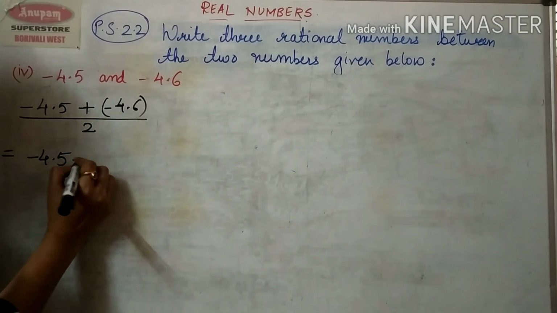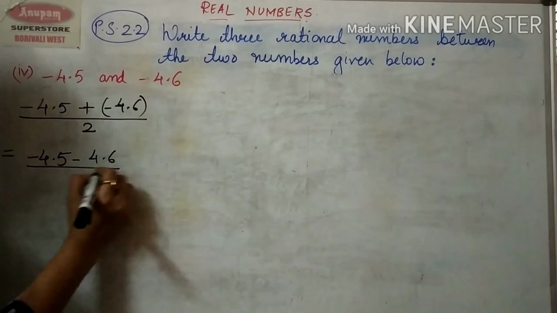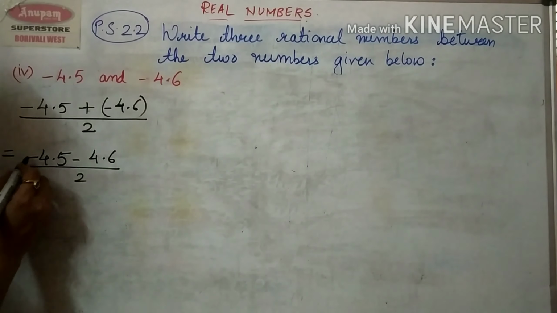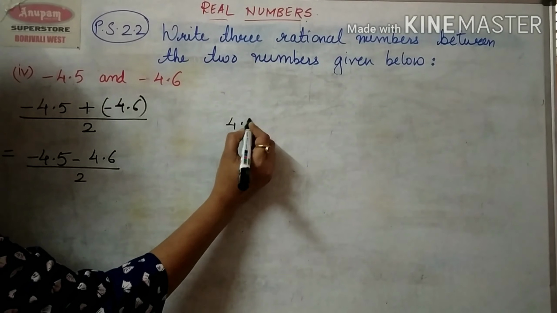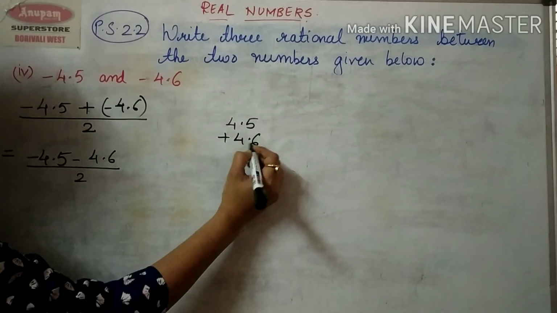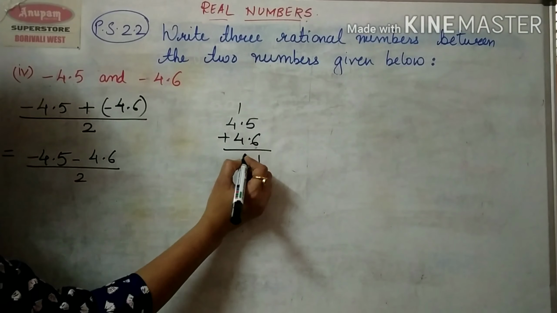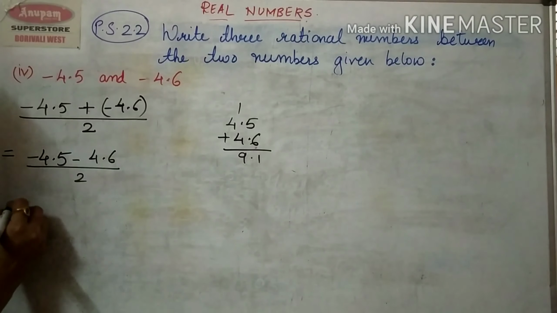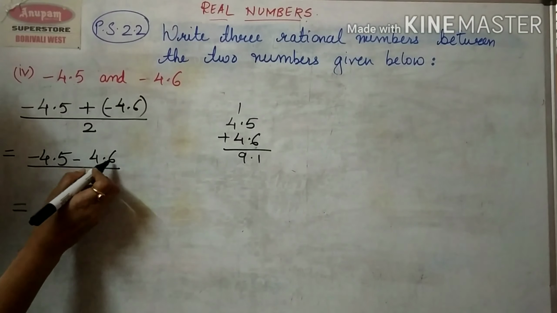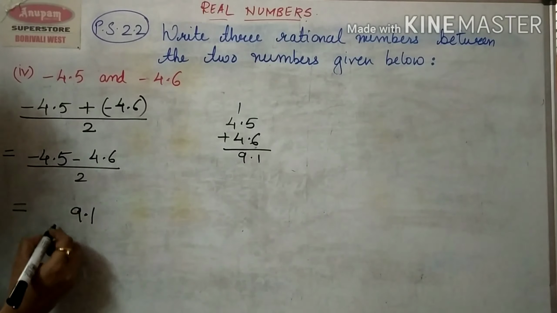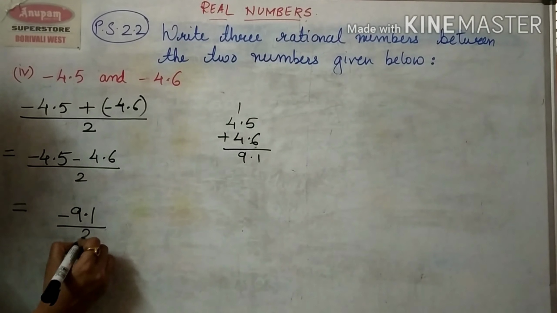Minus into plus will be minus. So now minus into minus, children, is plus, and therefore 4.5 plus 4.6 is equal to 9.1. So I'll write down 9.1, but I will also write down the sign of the bigger number here. So that will be minus 2.